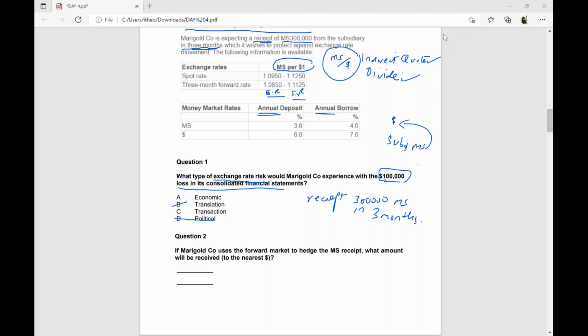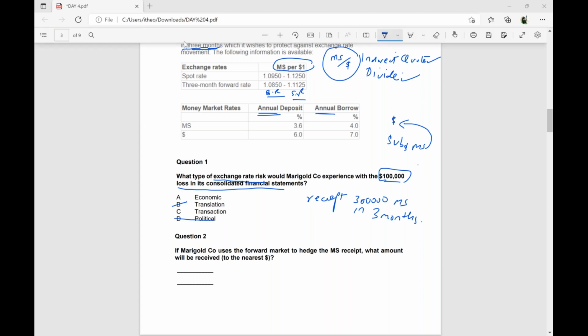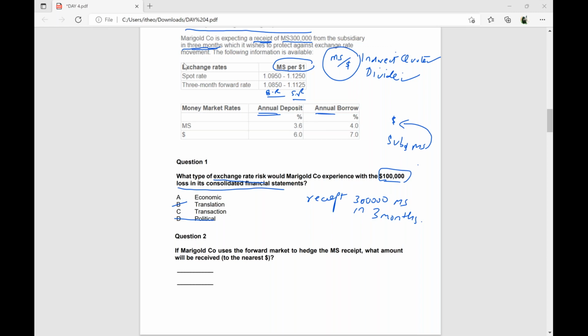There is a question from Sana, that 100,000 is not translation risk. I have corrected option B, that 100,000 is the translation risk. So why are you asking that 100,000 is not translation risk?